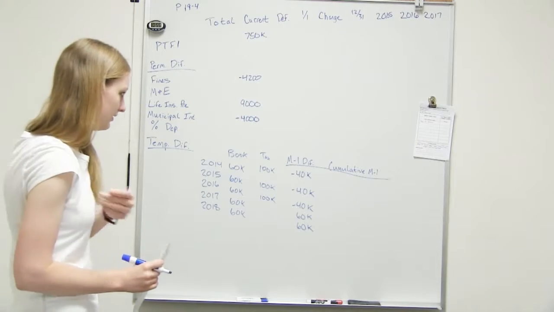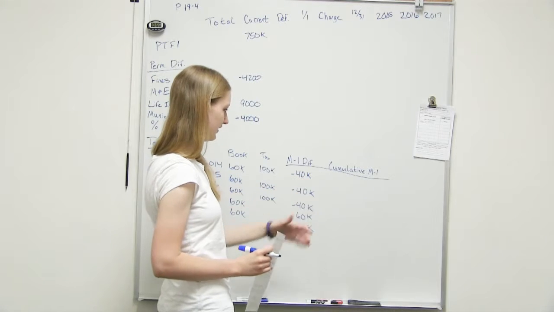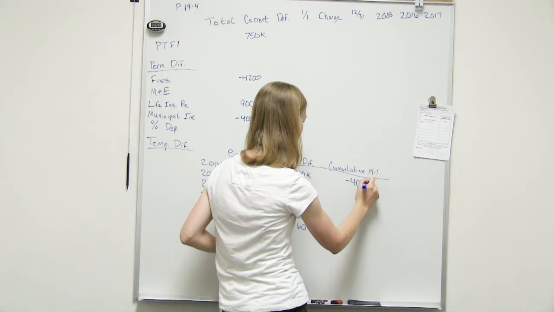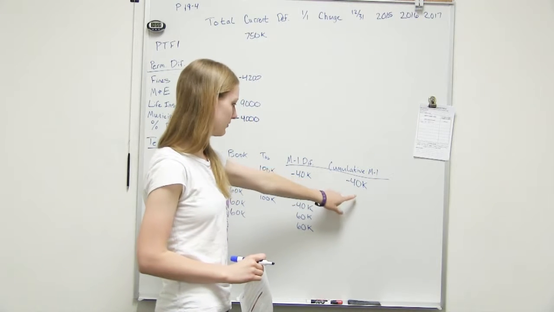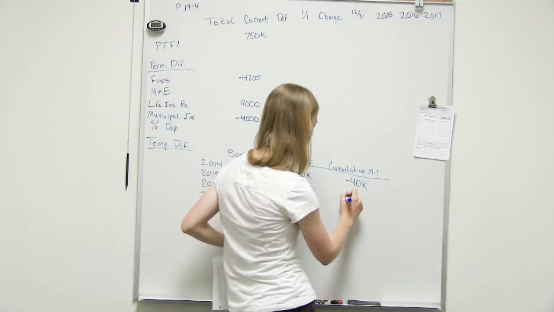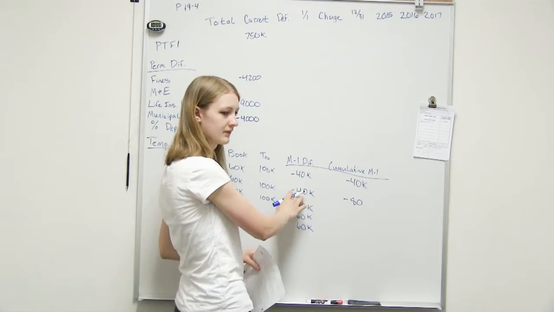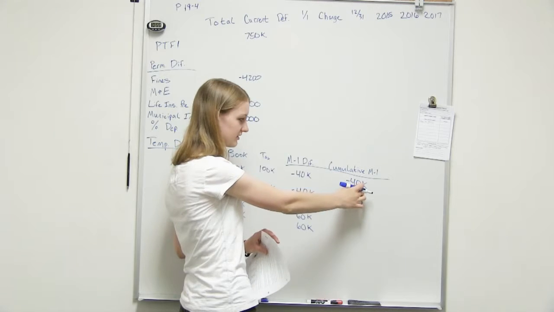And then in the cumulative column, for this first one, it's just going to be the negative 40K. And then to get this second one, we're just going to add both of those together. So this is the balance at the beginning of the year, essentially.